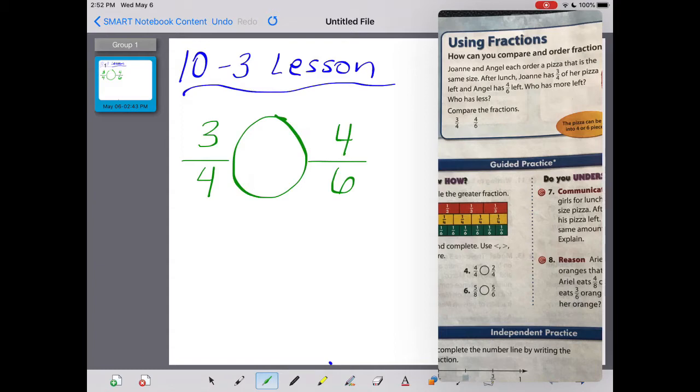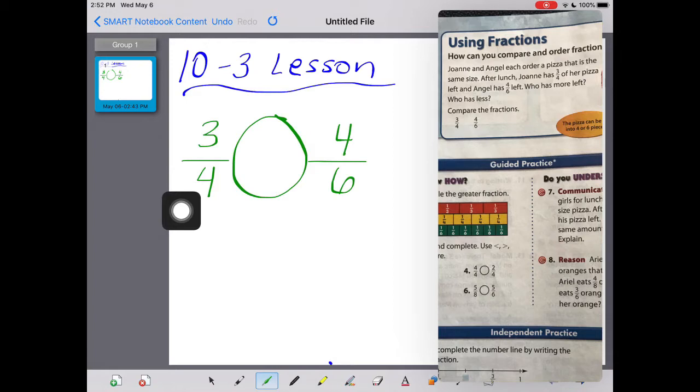And then who has less left of their pizza? Now, when considering these two fractions, let's take a look at some important things about them. Now, when comparing fractions, you will always look at the denominator, the bottom number.